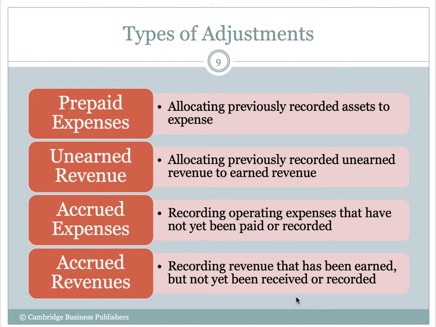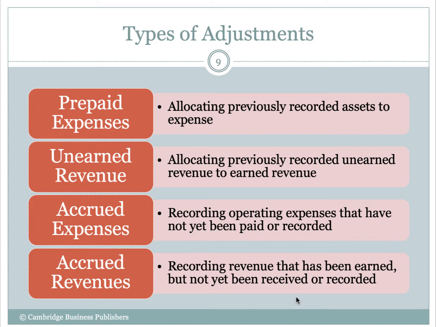Prepaid expenses and unearned revenue are examples of deferrals, okay? And basically what we're saying is cash comes first, then the recognition comes, right? As with prepaid expenses, we paid cash for a year's worth of rent, but we didn't recognize that rent expense yet. We will as we go through the year.